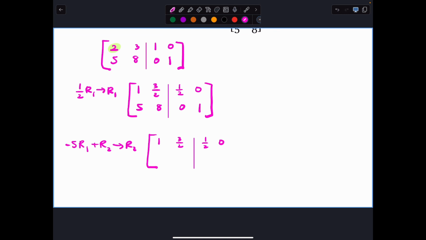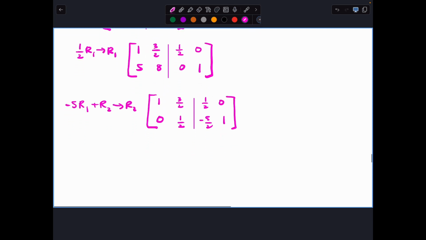Okay, so that ends up being 0, 1/2, -5/2, and 1 in row 2. And then we can think about multiplying row 2 by 2 to make 1/2 into 1.